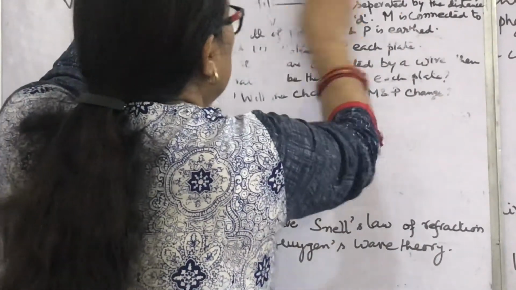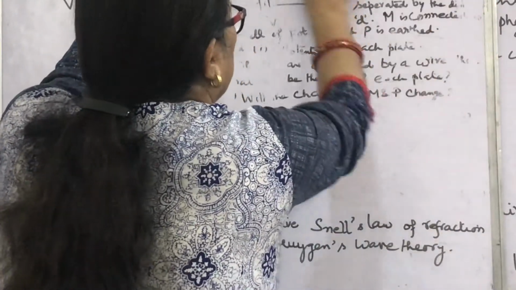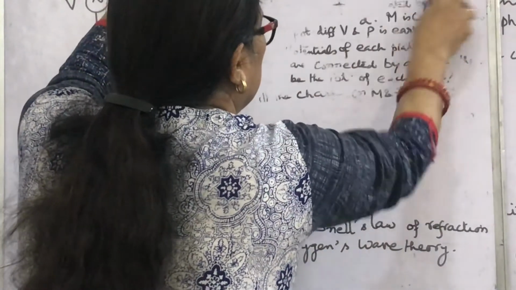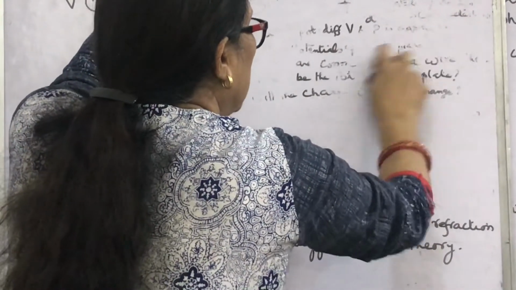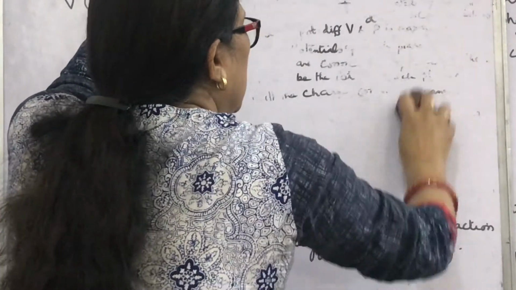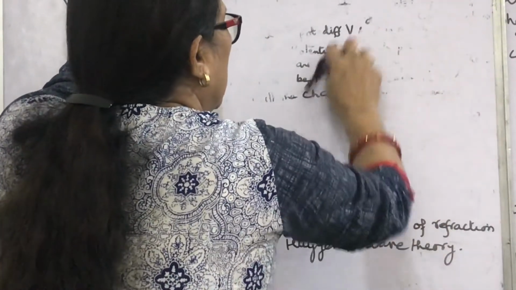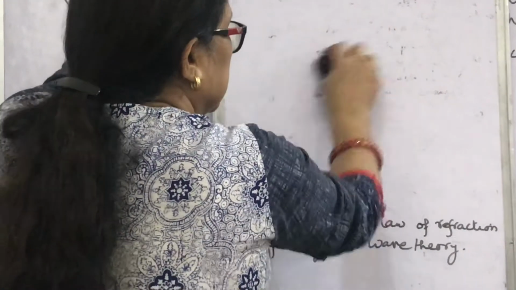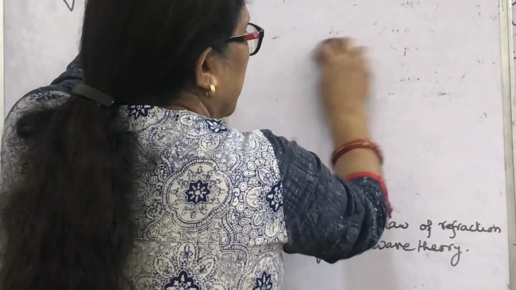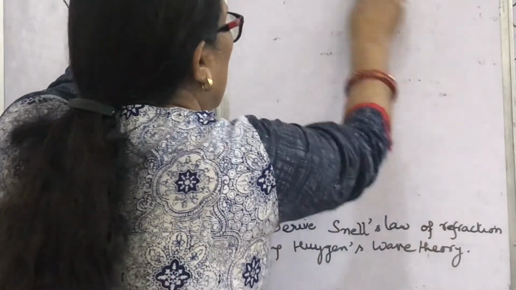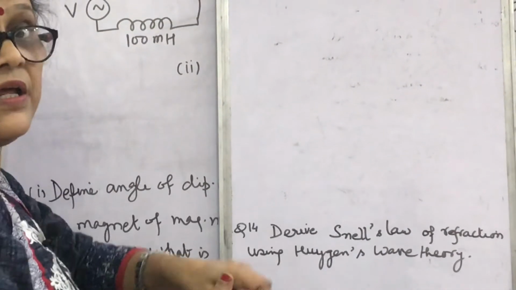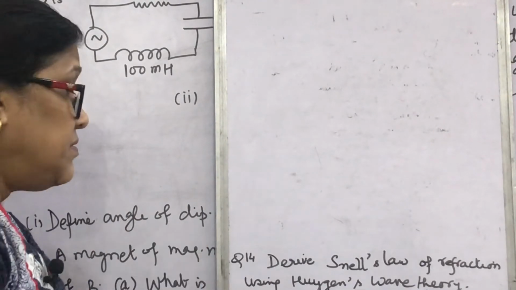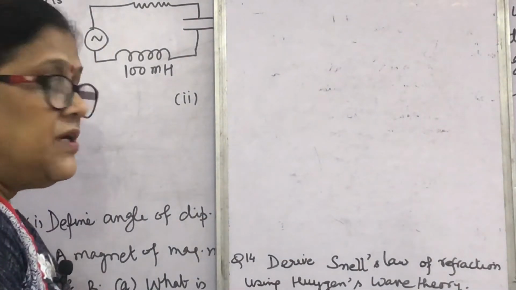You know Snell's law of refraction, as per the mathematical expression, you write the refractive index of the second medium with respect to the first medium is equal to the ratio of the sine of the angle of incidence to the sine of the angle of refraction. Also, refractive index is the ratio of the speed of light in air or vacuum to the speed of light in the medium. How to derive this Snell's law using Huygens wave theory?